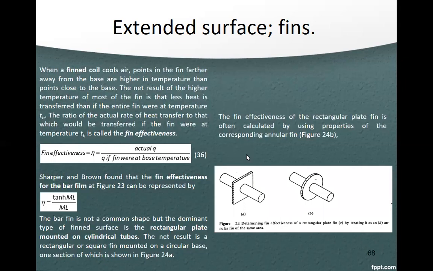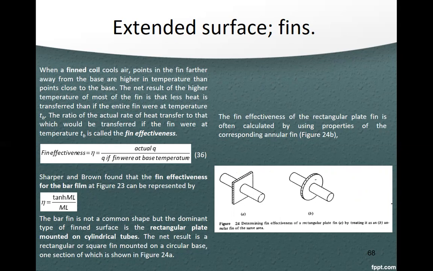So, when a pin cools air, points in the pin farther away from the base are higher in temperature than points close to the base. Cools the air, diba? Kasi mainit yung air mo, yung sa loob ng coil mo, malamig. The net result of the higher temperature of most of the pin is that less heat is transferred than if the entire pin were at temperature T sub B.